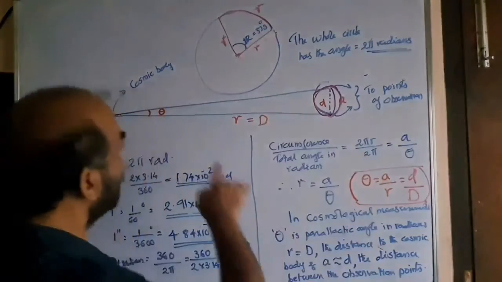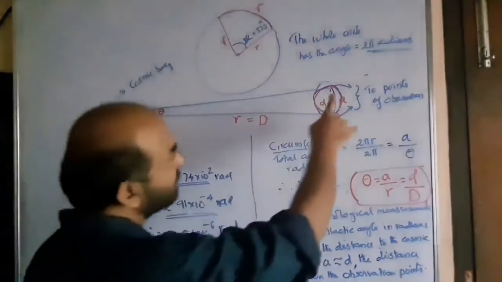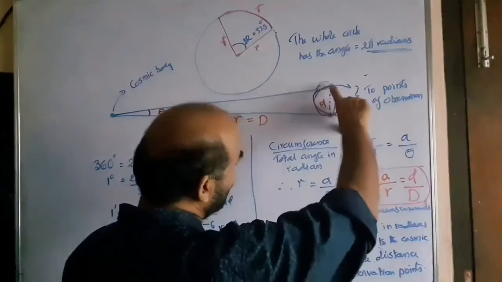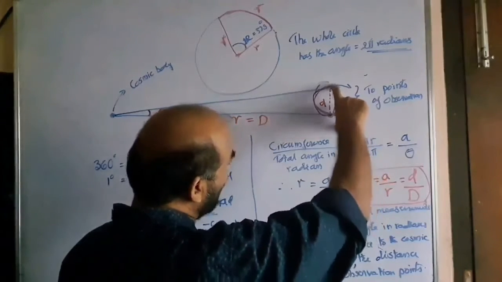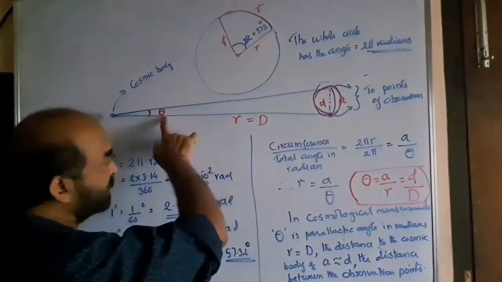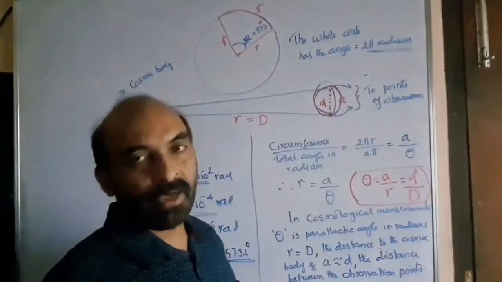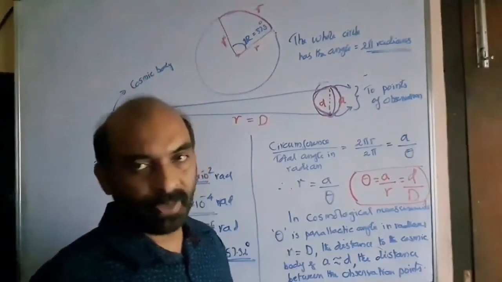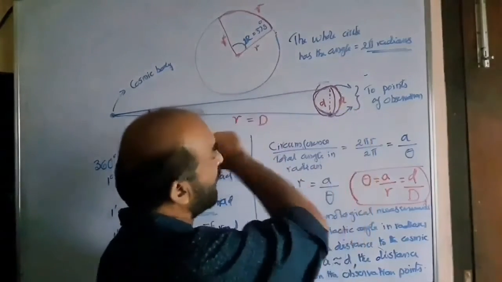Now imagine the theta radian angle. How much circumference does it cover? This A is the arc length covered by this theta. When the total length is 2 pi r, the total angle is 2 pi. When the length is only A, what is the angle theta?